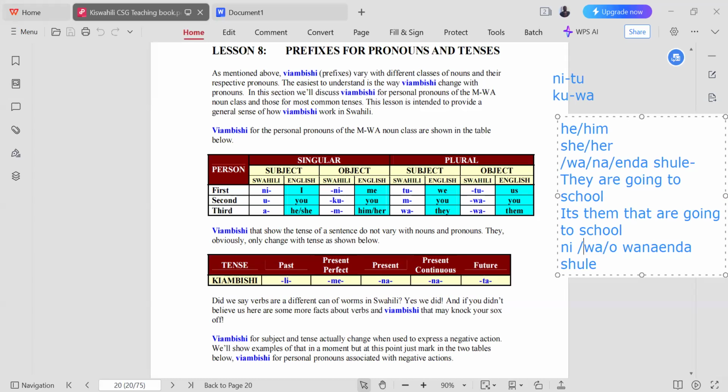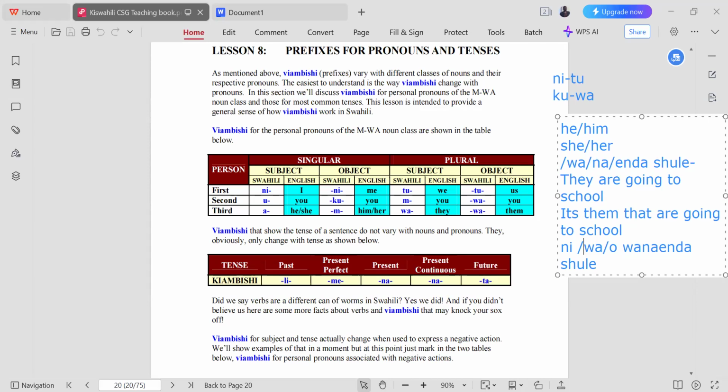The key issue here, I wanted to show you why in they are going to school, the word they in Swahili is wa in the plural aspect, and in object it's also wa, like I've changed it to the word them. So them is the object aspect, while they is still the subject aspect in both plurality. Because when you say they, it's no longer one person, it's a group of people. When you say them, it's also a group of people.